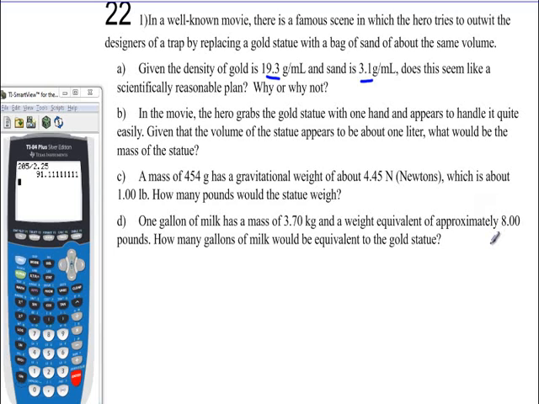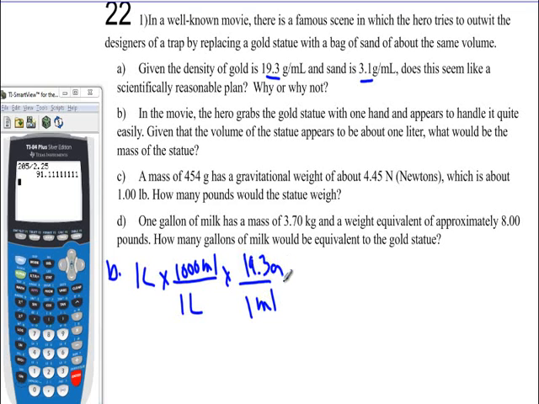Okay, so I have 1 liter, and so this is part B. If I have 1 liter, then I know 1 liter is 1,000 milliliters, and 1 milliliter... I'm going to assume this is gold, so I'm going to use the gold's density, 19.3 grams.